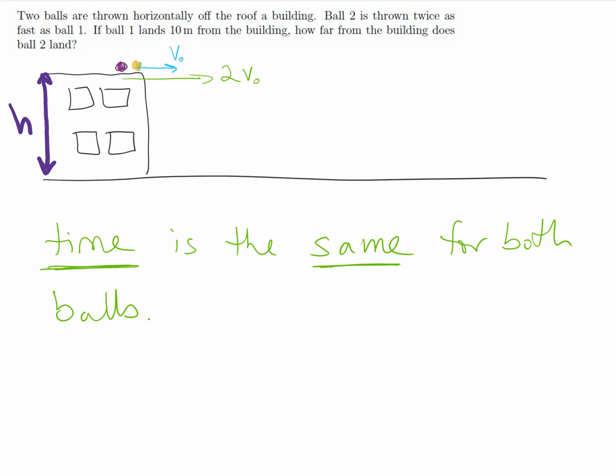And if you forget why that is, you can say y of t is y naught plus v naught y t plus 1/2 a t squared. In this case, our y naught is our height, our v naught y is 0 because they're thrown horizontally, and our a is minus g.